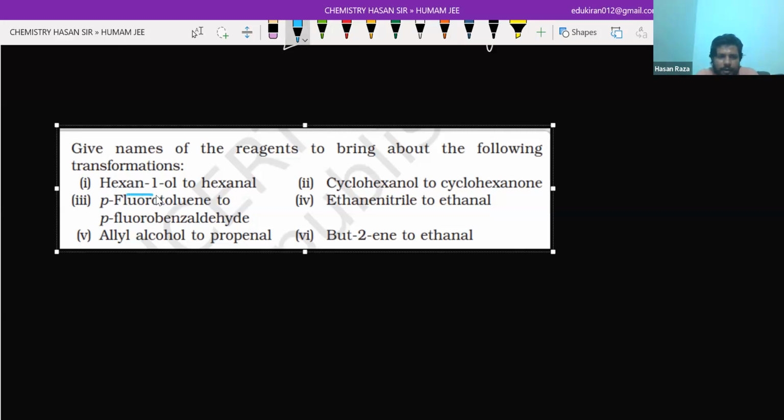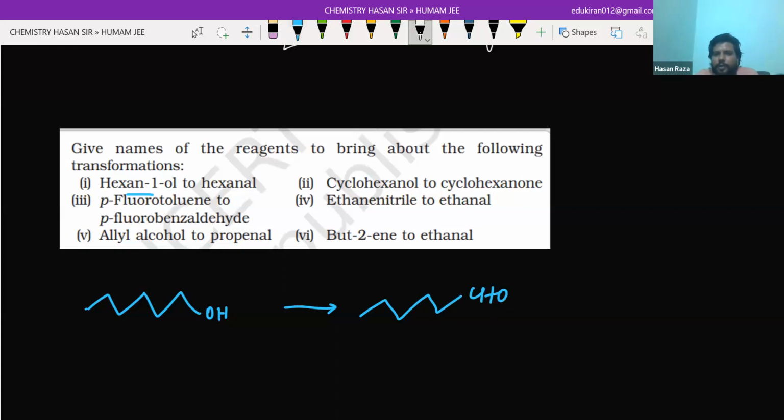Okay, see hexan-1-ol. This is your hexan-1-ol, 1, 2, 3, 4, 5, 6, which is converting itself into hexanal, that means 1, 2, 3, 4, 5, 6, an aldehyde. So see what happens, which reagent you are using.